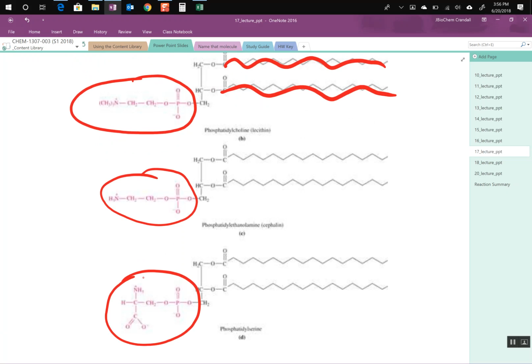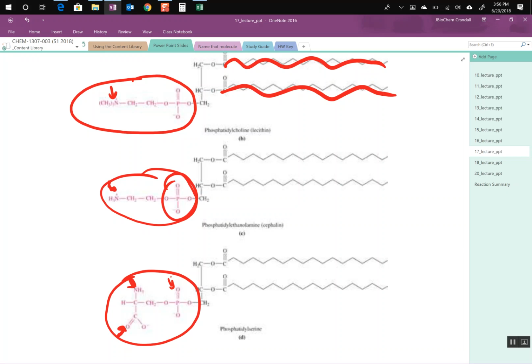Exactly. Okay. So even within this head right here, you can find this polar nitrogen. The phospho groups are polar. Here I have a polar nitrogen, and also these acid groups here, which are polar, and then the phospho group, which is polar. So this bottom one is highly polar there.